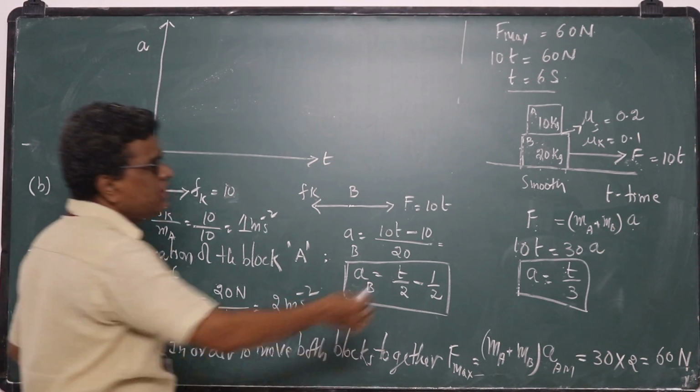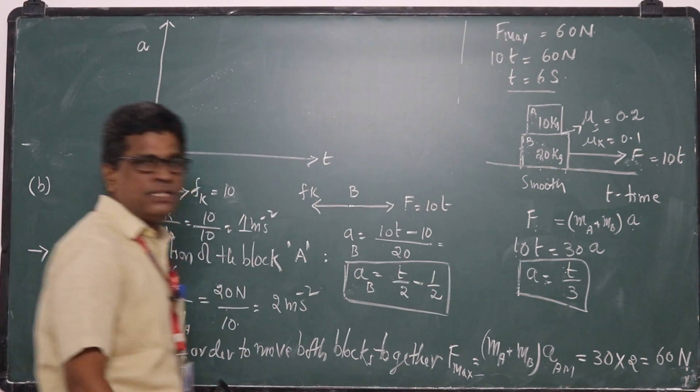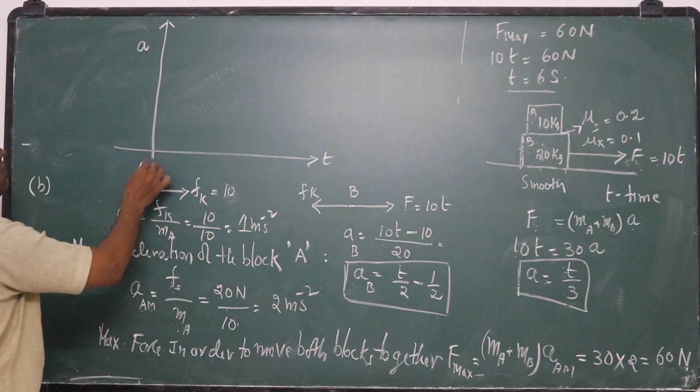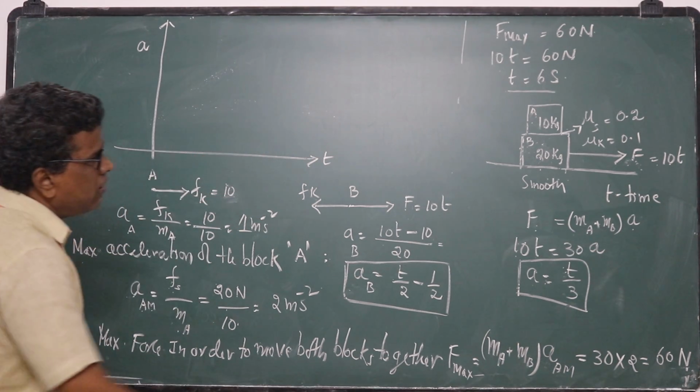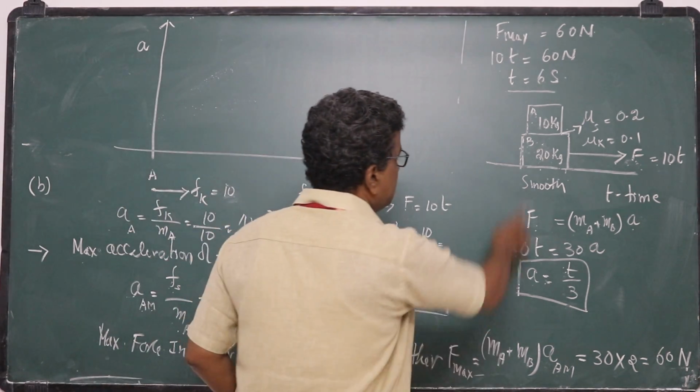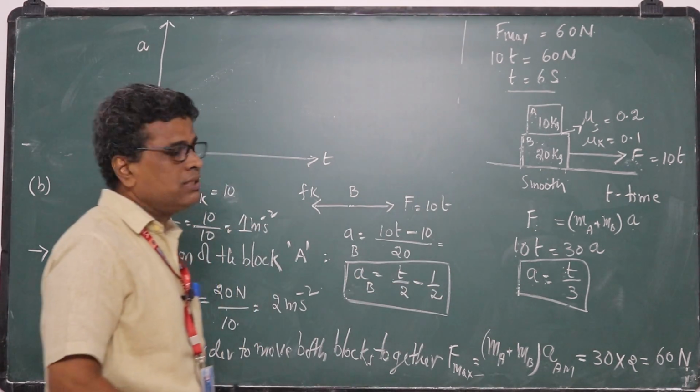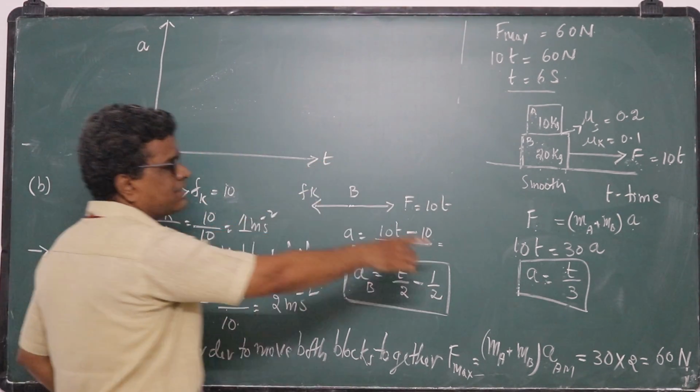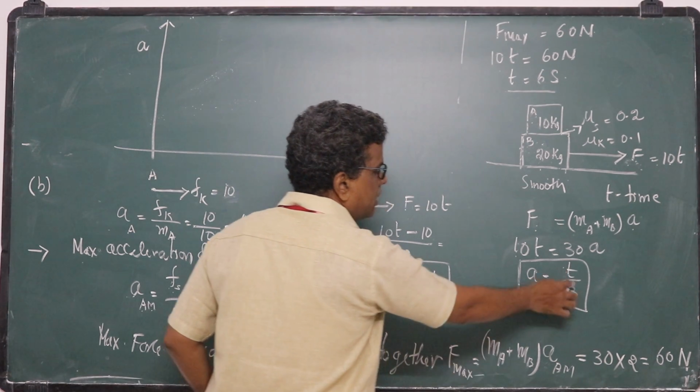When the time t is equal to 0, the force acting on it is 0, so both blocks will be at rest. Up to 6 seconds, both blocks will move with a common acceleration, t by 3.